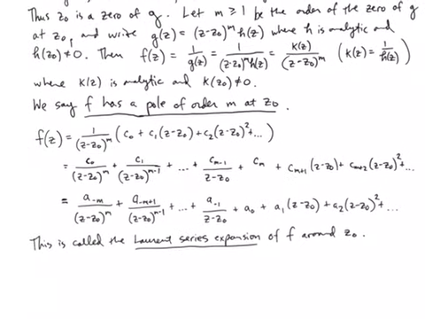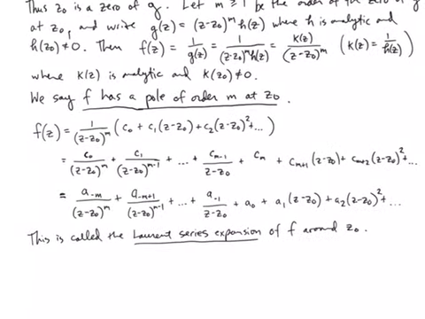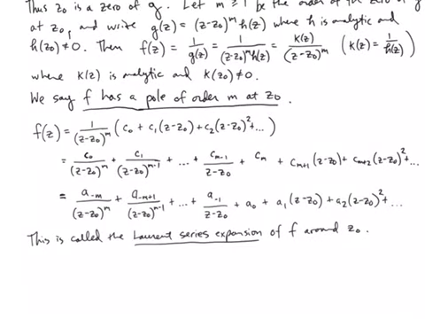So this is a new kind of series expansion. When your function's analytic at z naught, you can expand in a series of non-negative powers of z minus z naught. But if your function's not analytic at z naught, if you have a pole at that point, then you can expand in this kind of series where you allow a finite number of negative powers of z minus z naught.